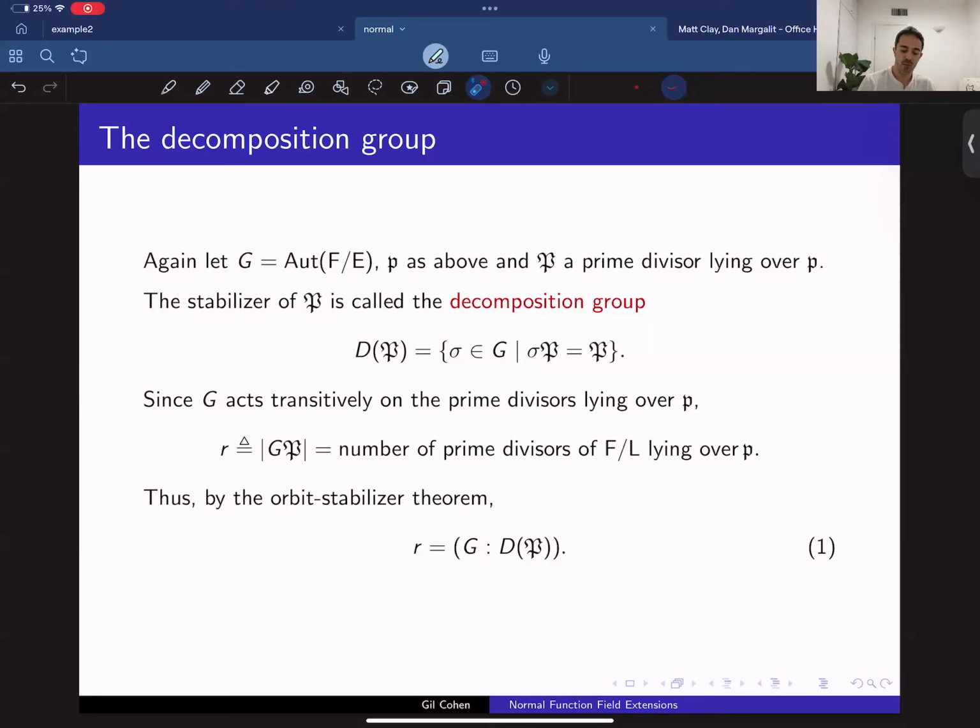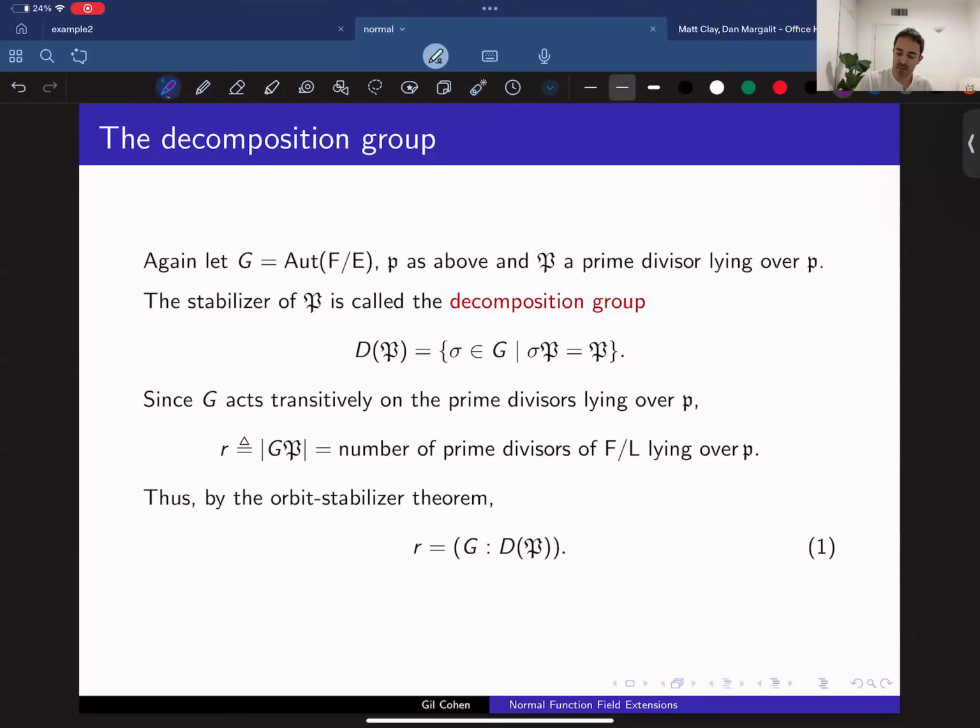And since we proved that G acts transitively on the prime divisors lying above little p, we know that R, which just denotes the number of elements you can reach, the orbit of P under G, is precisely the number of prime divisors of F over L lying over p, right?